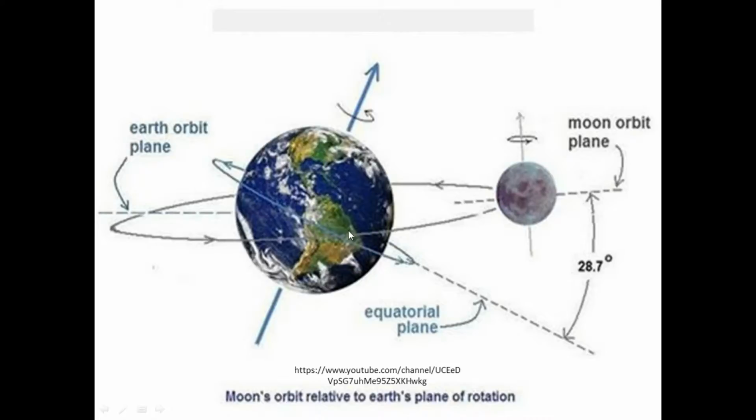The angle of the equatorial plane is different. In the next video I will discuss. For now, remember only that the angle between the Moon's orbital plane and Earth's equatorial plane is 28.7 degrees. So this is the point.